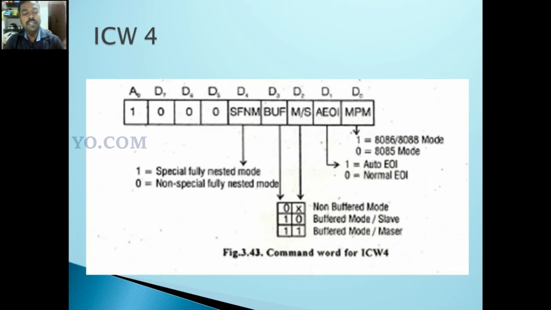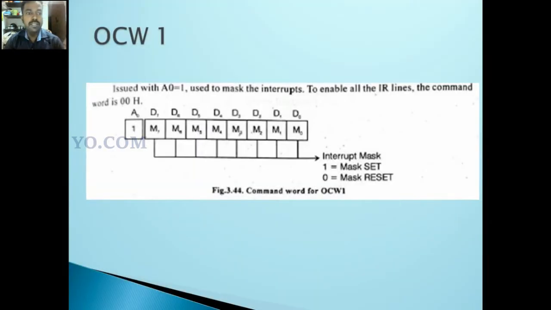The first 3 bits, L2, L1, L0, are combined together to form the different levels, the IR level to be acted upon. So we have 8 different levels of interrupt request.